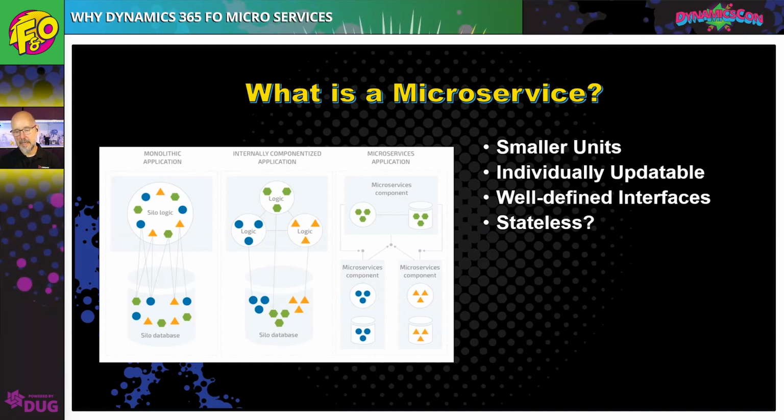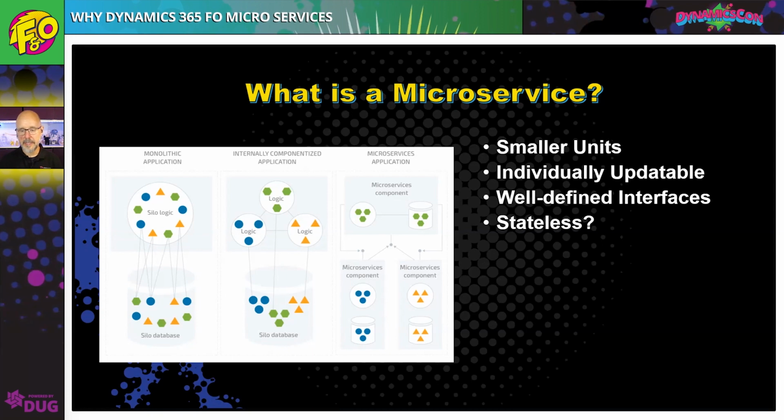It could be Dataverse, it could be a Datalake, for instance. If it's a message-based microservice, then you could use Azure Service Bus or a message queue, or any of those message-based integration services in Azure as well.